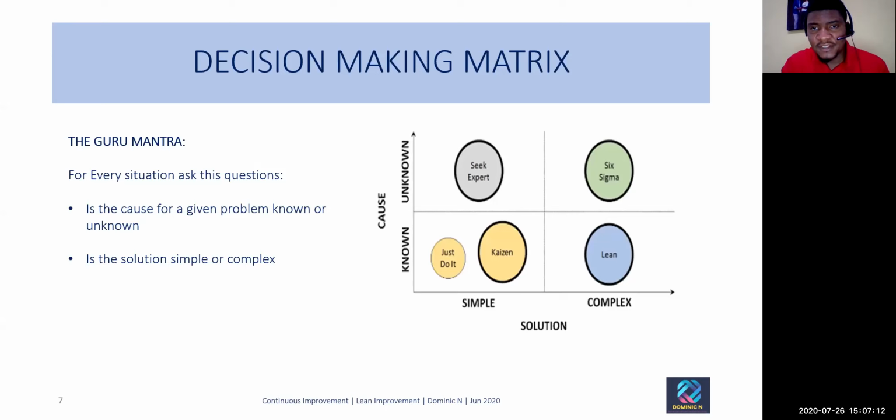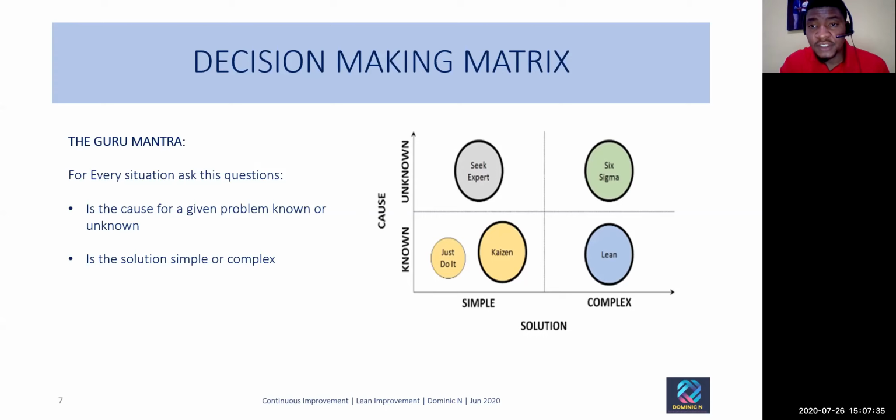If the cause is known and the solution is simple, then just do it. Just open the tap or fix the leakage. The doorknob is broken, just fix the doorknob. If the cause is also known and simple, you could apply Kaizen. We'll get to understand better what Kaizen is.